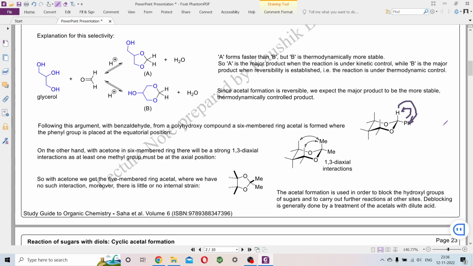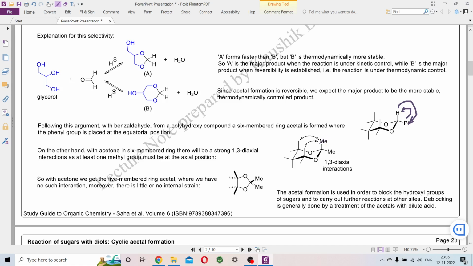What about acetone? We have seen that acetonide derivative formation happens with 1,2-diols. 1,3-diol 6-membered acetal formation does not take place. That is because the carbonyl carbon of acetone has 2 methyl groups.